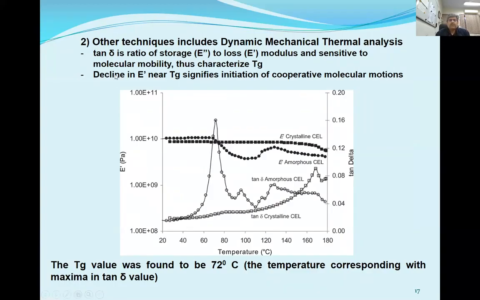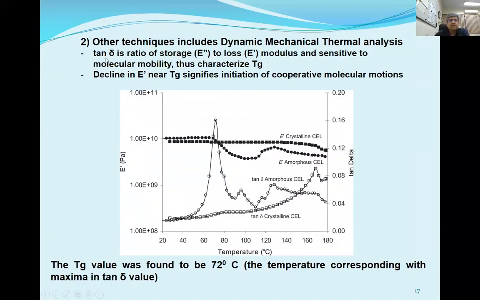As I told you, apart from the DSC, you can also use dynamic mechanical thermal analysis as a tool for determination of the Tg. In this tool, you are measuring the mechanical property of the material as it is being heated in the instrument. And what we get are these values.